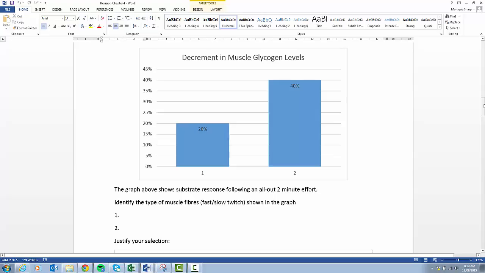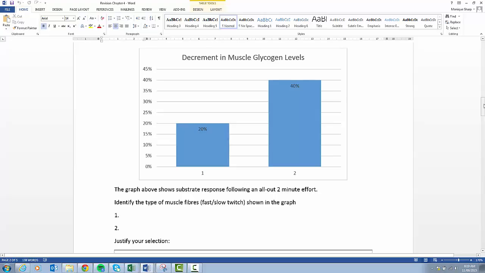For some reason I thought all fast twitch just had PC. No, they definitely have glycogen in it, because glycogen is used for aerobic metabolism and it's used for anaerobic glycolysis, and anaerobic glycolysis is more fast twitch. So how do slow twitch and fast twitch work differently, because both have glycogen? Wouldn't the slow twitch, because it's got more capillaries, work with the glycogen better?